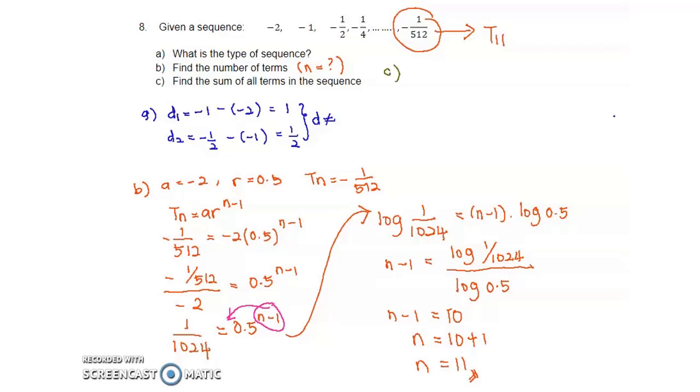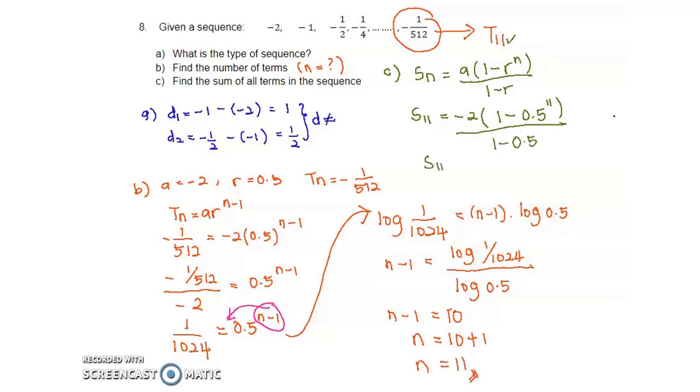For question C, we want to find the sum of all terms. Since we have 11 numbers, we want to find S11. Sn equals A multiplied by 1 minus R power of n, divided by 1 minus R. So S11 equals negative 2 multiplied by 1 minus 0.5 power of 11, divided by 1 minus 0.5.